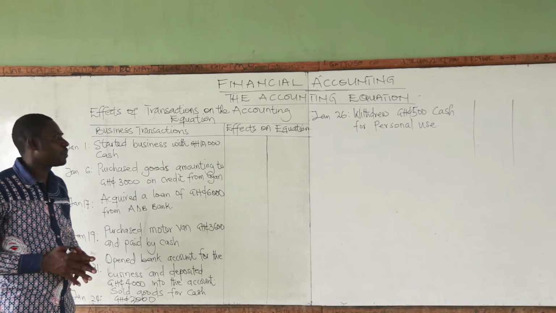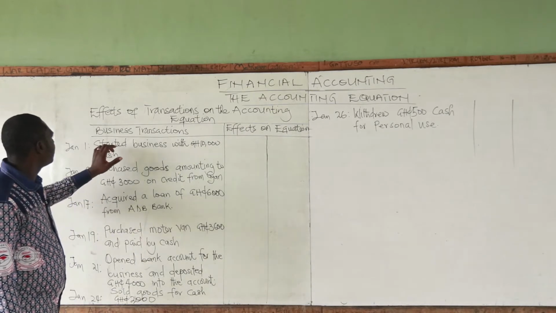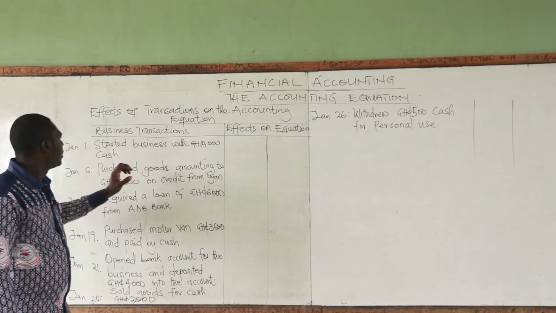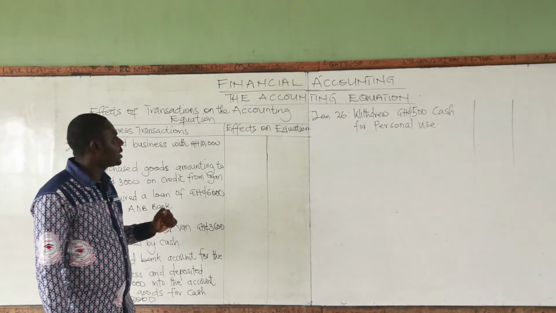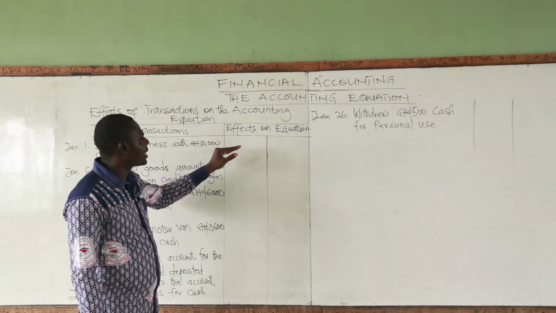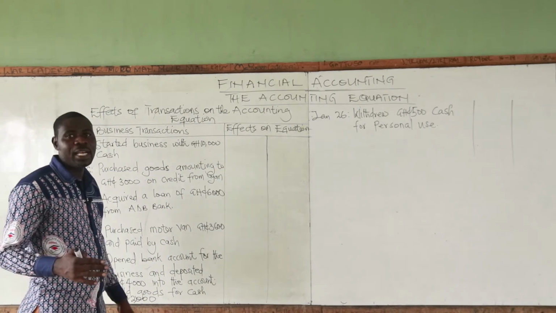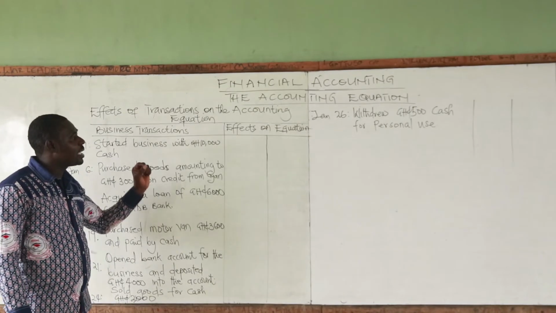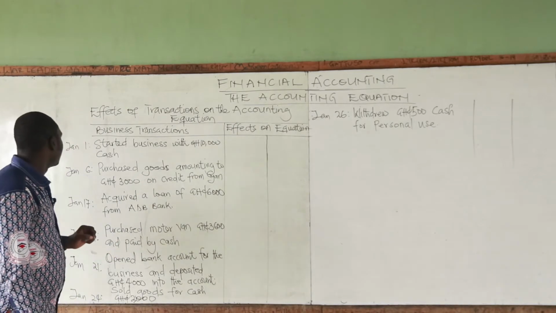accounting equation. We basically have two columns here. The first column talks about business transactions, and the second column talks about effects on the equation. So we are looking at the business transactions and their effect on the accounting equation.